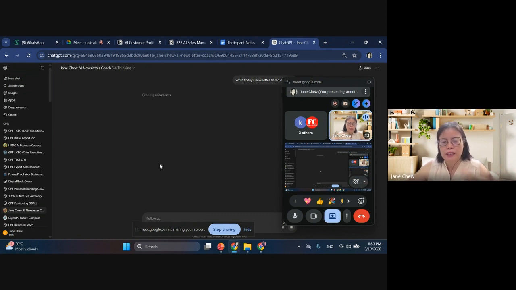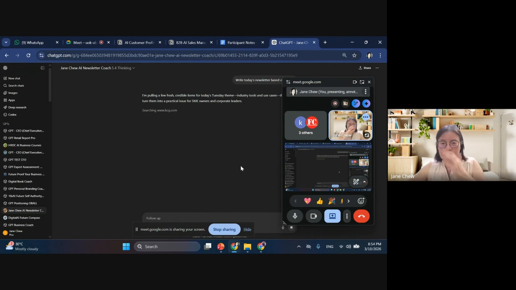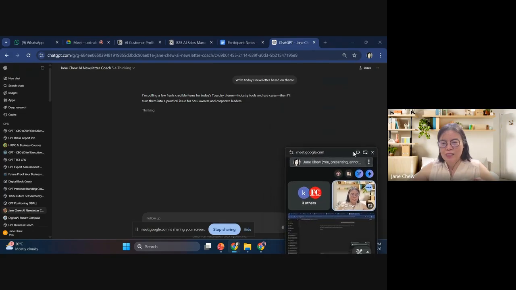This is a very early stage when I used GPT to help me write the newsletter, but along the way, I improved. It will write here for me because I already set the instruction. Let's say today is Tuesday, my theme is this and that, so it will go by my instruction, research the article and write it down here. GPT will take a while, but I think you get the idea.